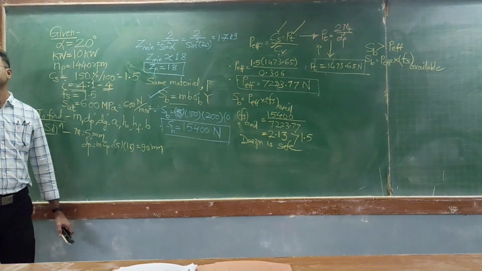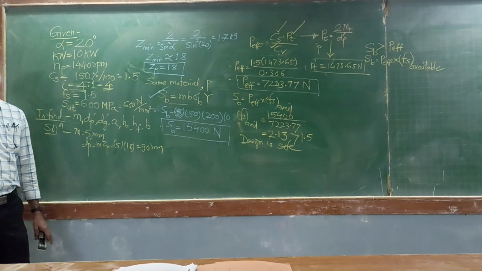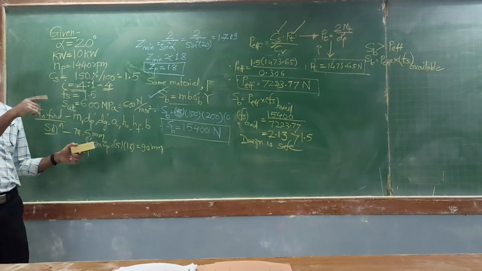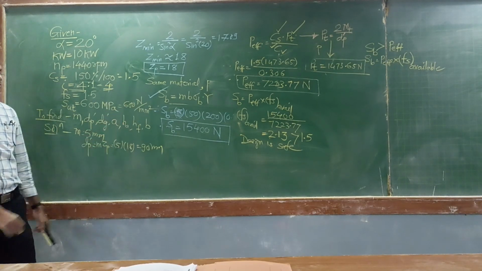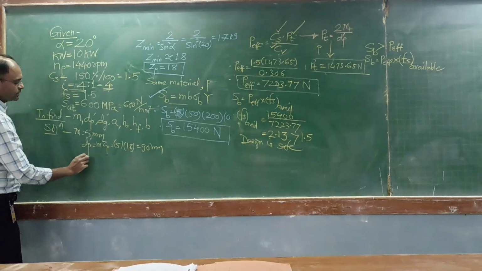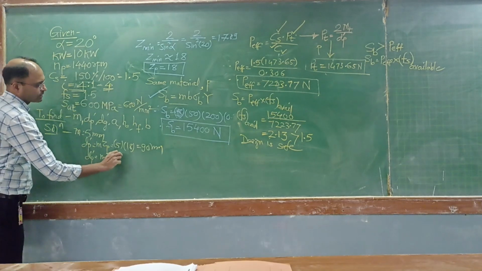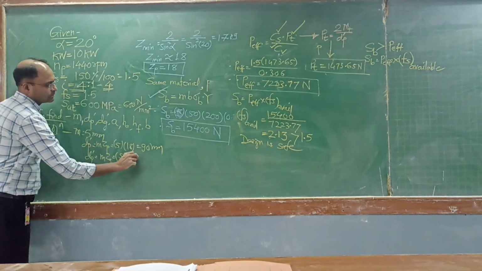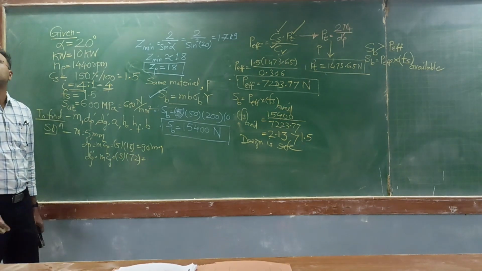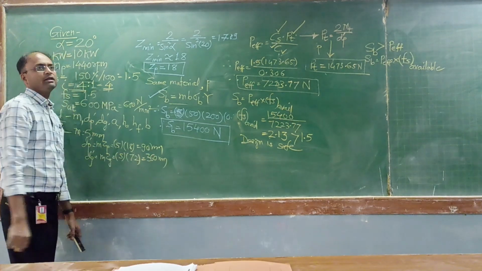Always write the unit millimeter. dg dash is m into zg. Now here you require zg. Initially it was not required, now you require it. zg is 4 times 18, 72. So dg dash is 5 into 72, 360 millimeter.